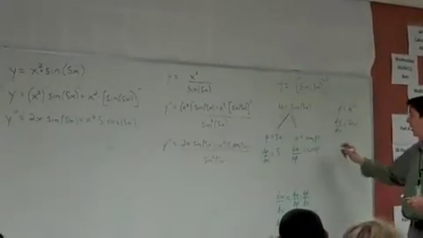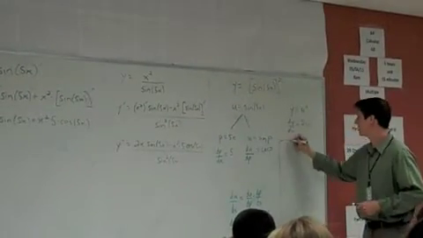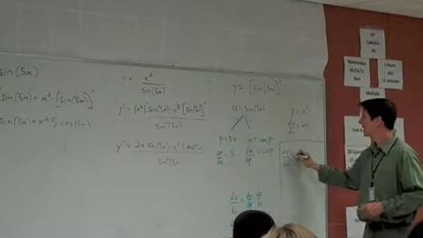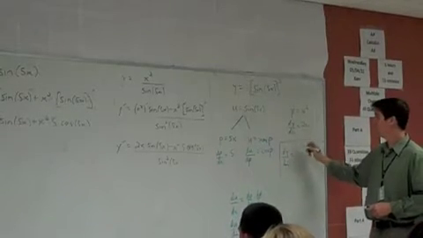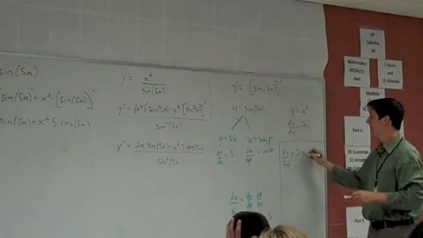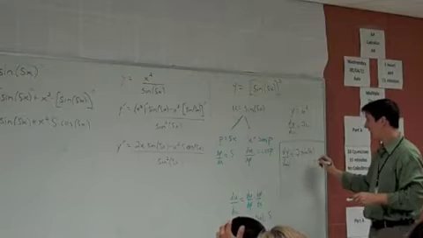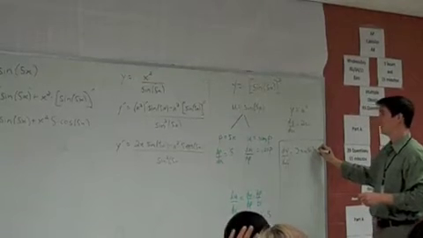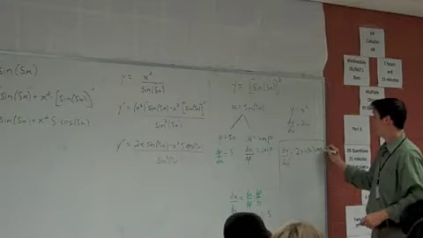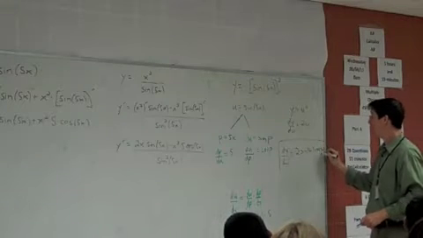And I have my dy du. And my goal, again, is to get dy dx. That's going to equal dy du, or 2 times u, which was sine of 5x, times du dx, cosine of 5x times 5.